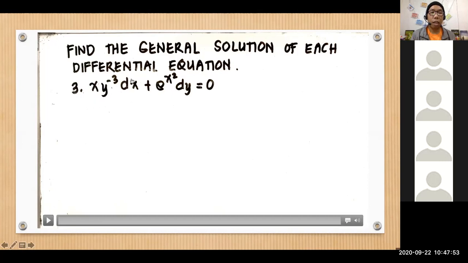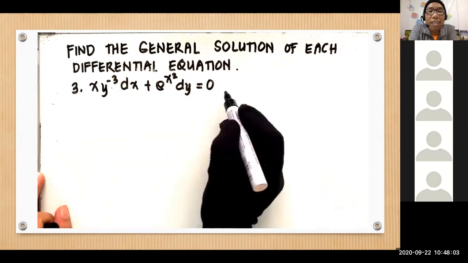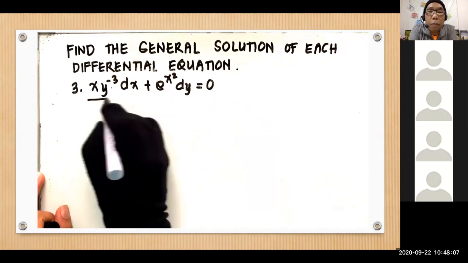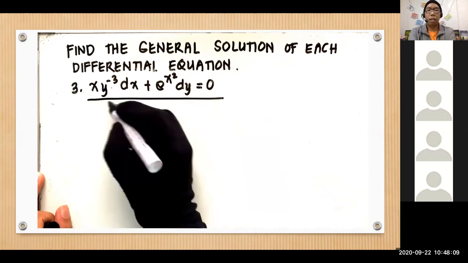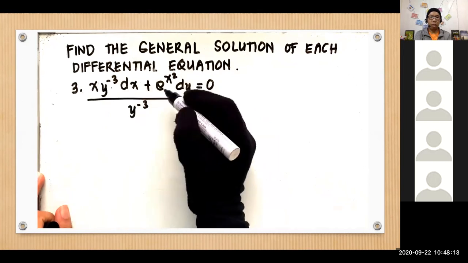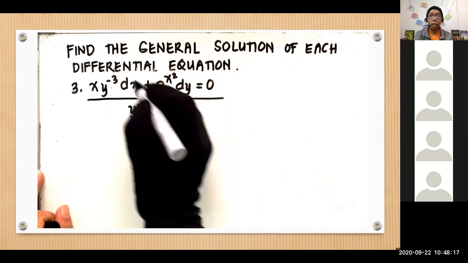Divide both sides by, ano yung gusto mong tanggalin dito? Yung variable y, di ba? So, divide both sides by y raised to negative 3. So, ganun lang. Tapos sa second term naman, dapat pure function of y lang, di ba? So, i-divide natin siya with these factors. E raised to x squared naman para dun sa second term.